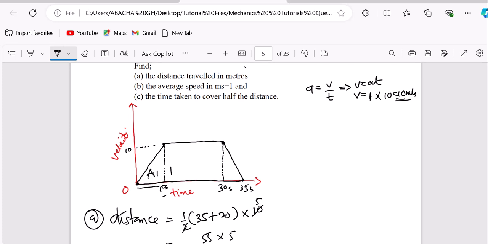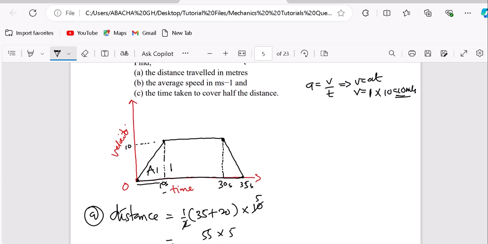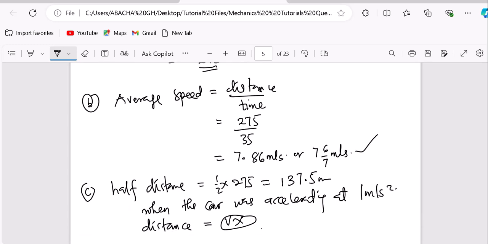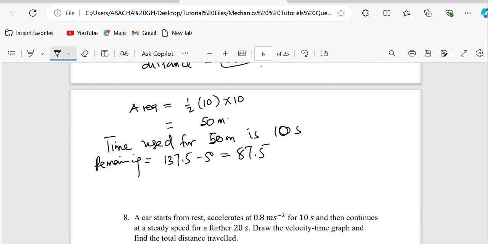So now we have a distance of 87.5, but the speed is 10, because it was constant.